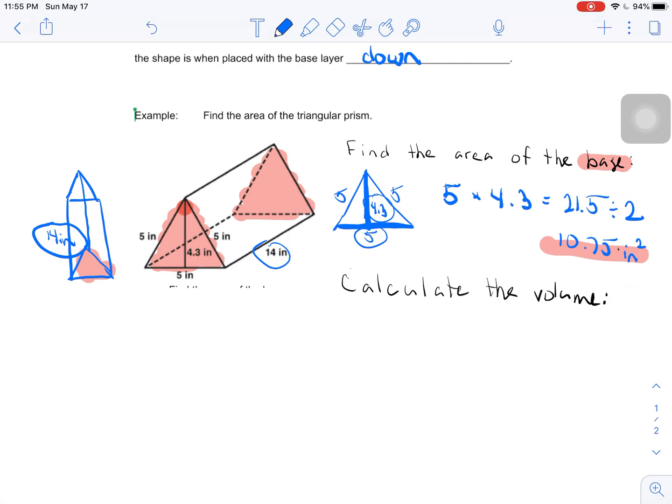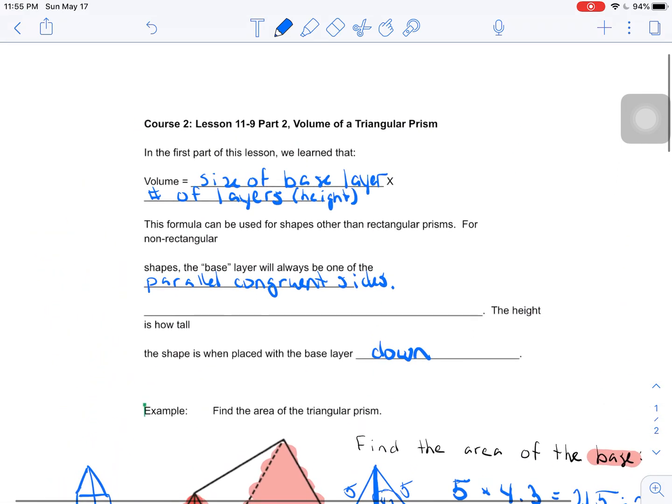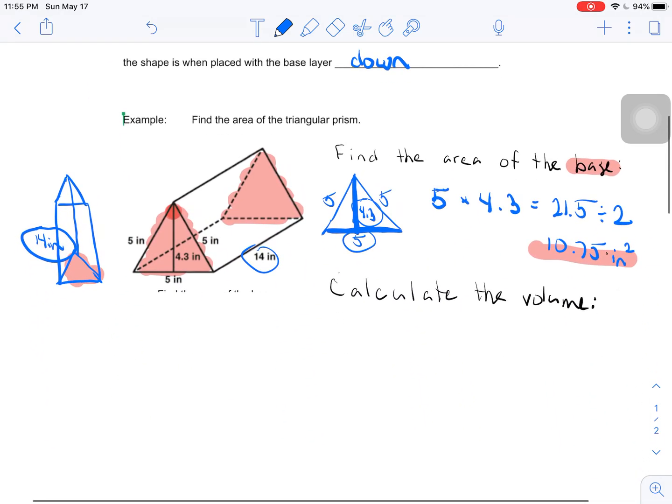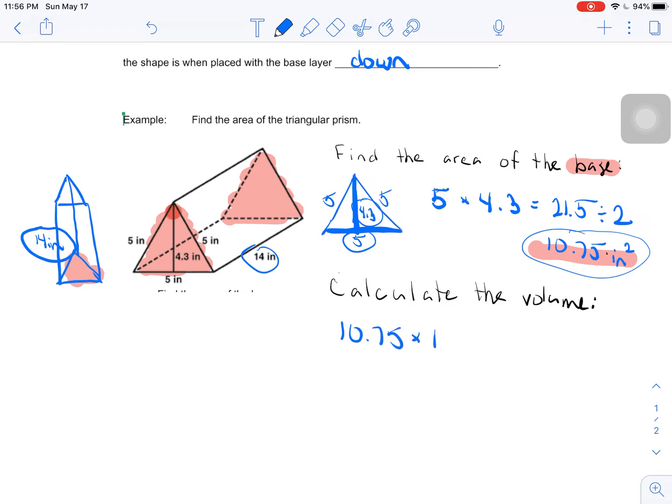So if we stood it upright, we figured out the height is actually 14 inches. So basically we've got 14 layers of this 10.75 square inches. So that's where we have to come back to this and say, okay, the size of the base layer times the number of layers. So we can use this generic volume formula. So instead of being length times width times height, now it's triangle area times height.